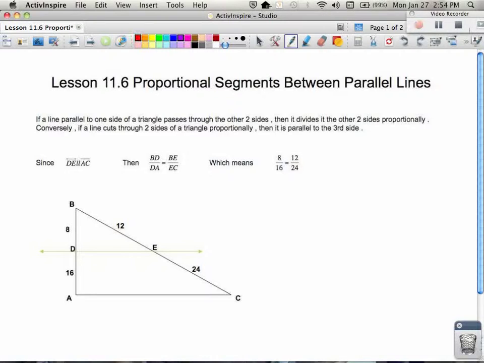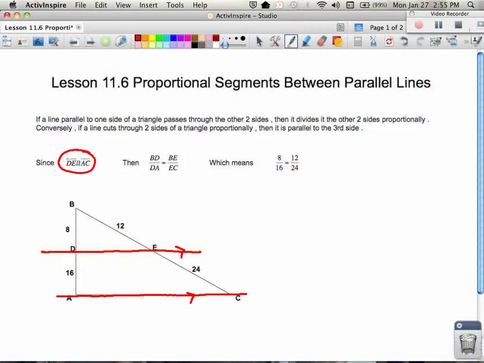If I look at this line DE, I notice that it is parallel to AC. So these two lines are parallel to each other, and that's what it's saying right here.